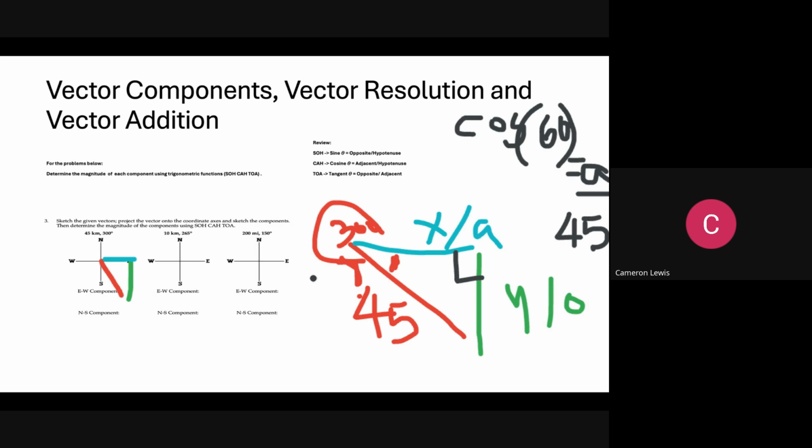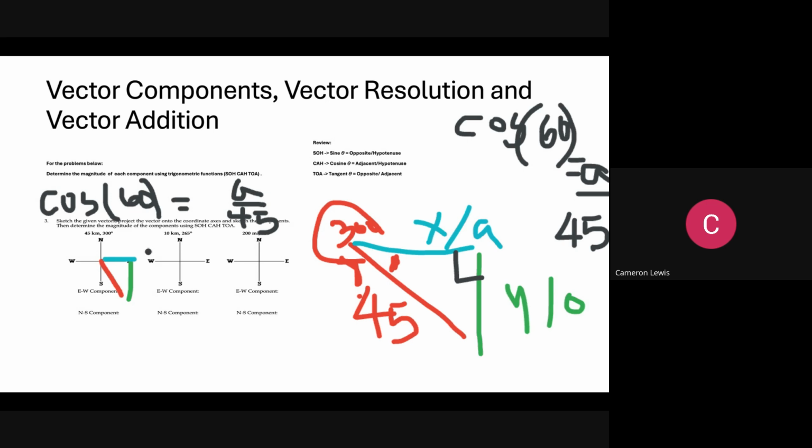Now, to solve this, this is a one-step equation. Let me rewrite it a little bit neater over here: cosine 60 equals A over 45.